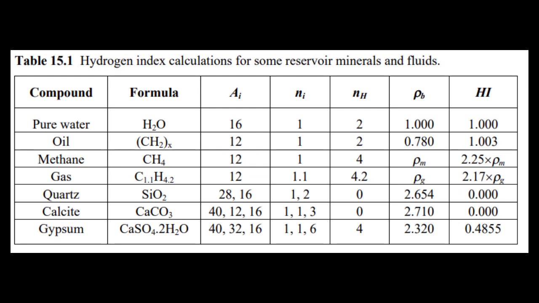But other minerals like gypsum are different, because the formula is CaSO4·2H2O. Gypsum has water in its crystal structure, so its hydrogen index is not 0, it's actually 0.49.